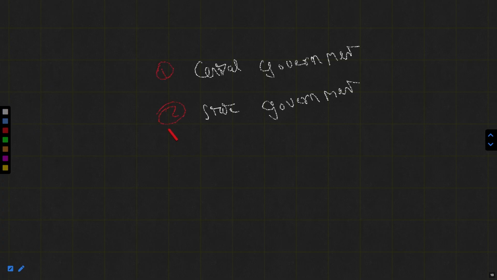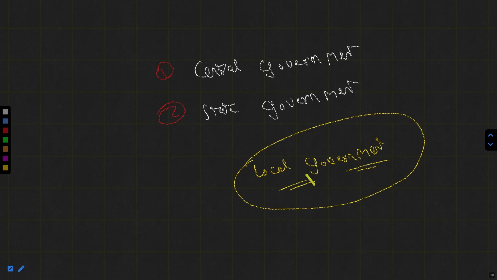Central and state. In addition to it, we also have the concept of local government, at district level and cluster level, you can say. But generally in a federal system, we are talking about two types of government: the central government and the state government.